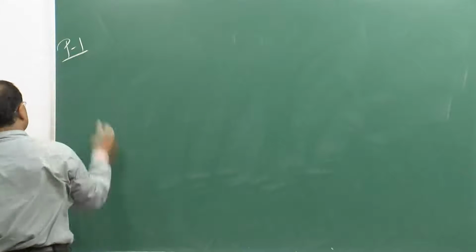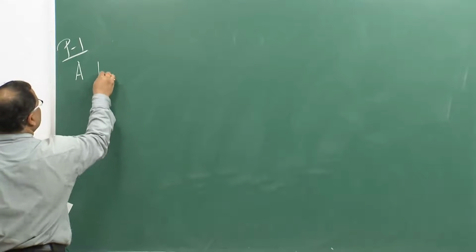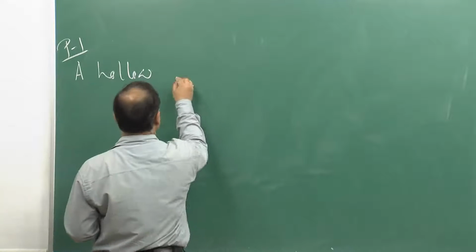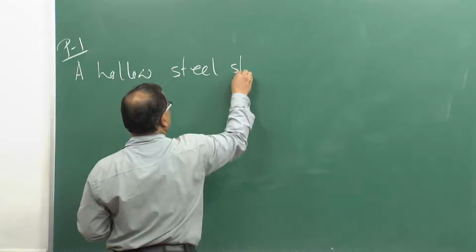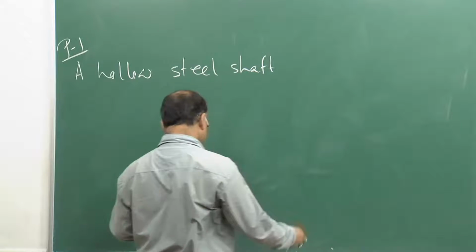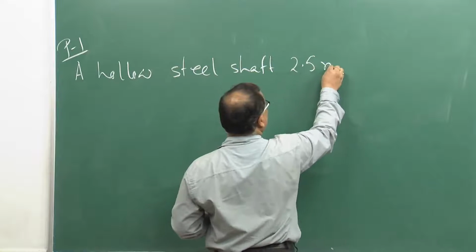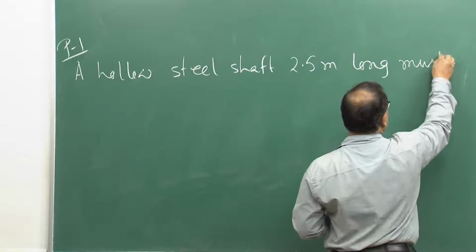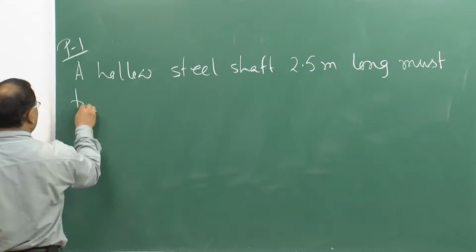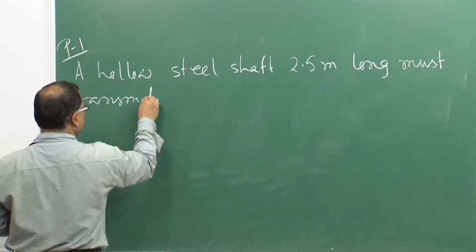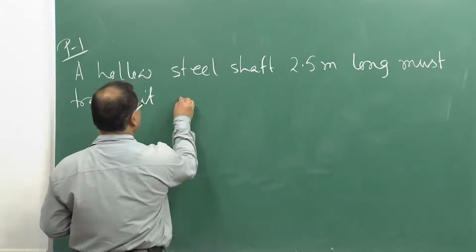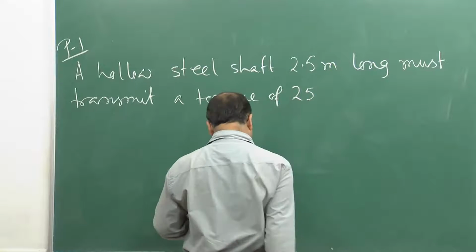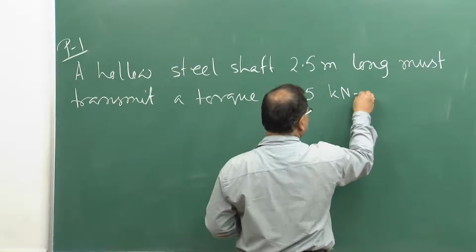Problem 1: a hollow steel shaft, 2.5 meter long, must transmit a torque of 25 kilonewton meter.